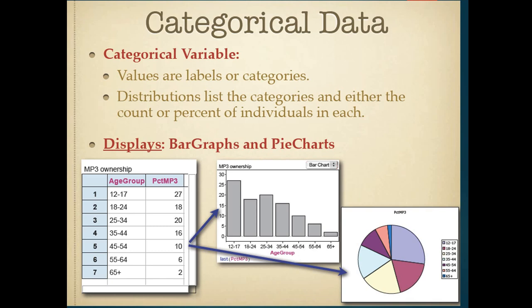And then we graphed it in really two of the main ways that you can do categorical data, which is bar chart or bar graph and a pie chart. We would use mostly bar graphs because it's easier to see distribution patterns in bar graphs than in pie charts. But pie chart is another way to communicate your information because a lot of statistics is communicating what you find to a larger audience.